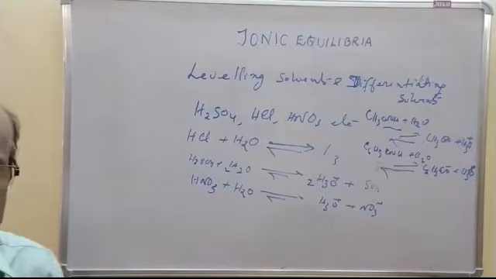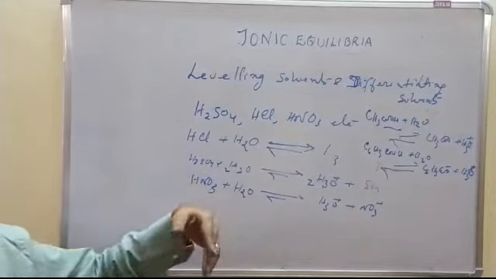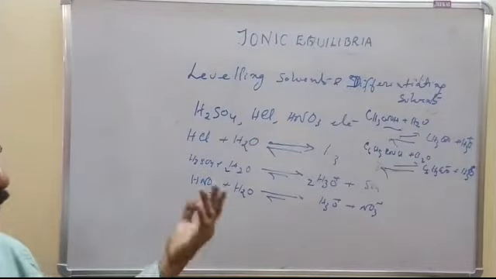But what is a differentiating solvent? As in the example I have mentioned, HCl, H2SO4, HNO3 are ionized to the same extent to the level of the hydronium ion.